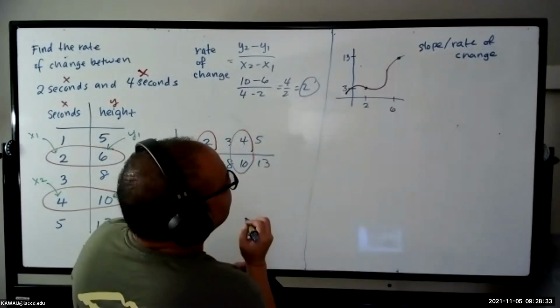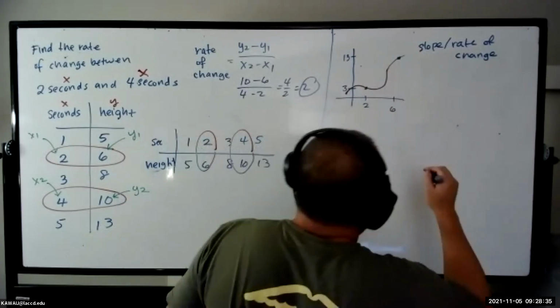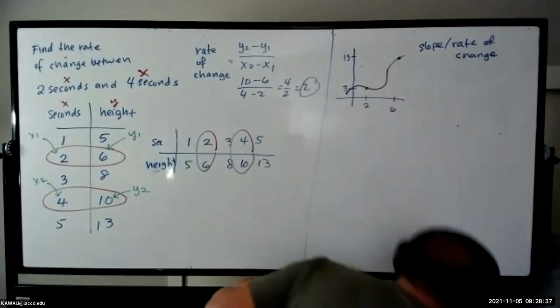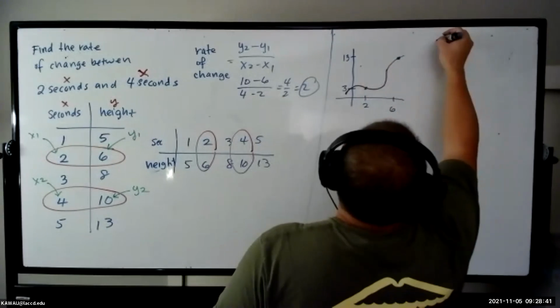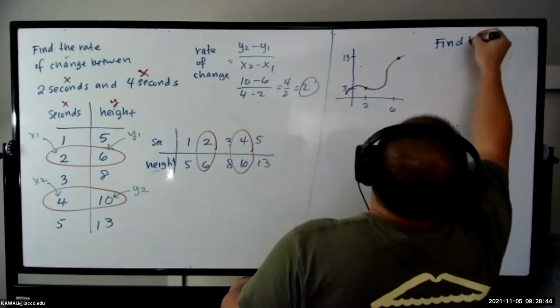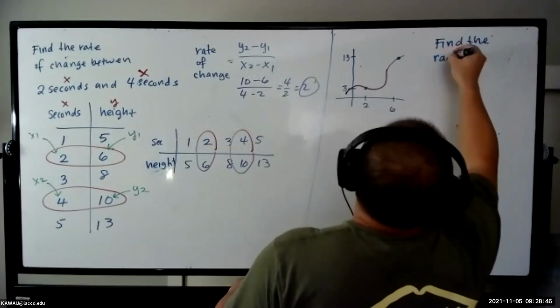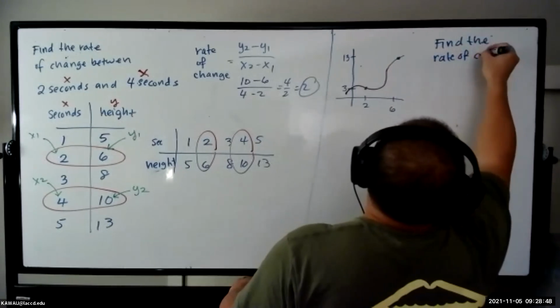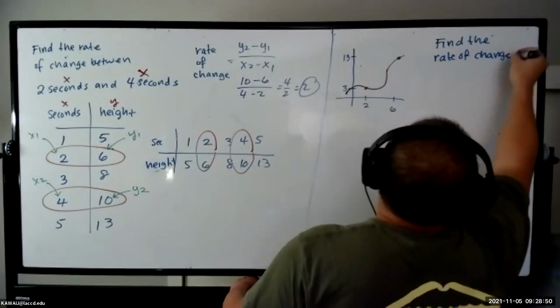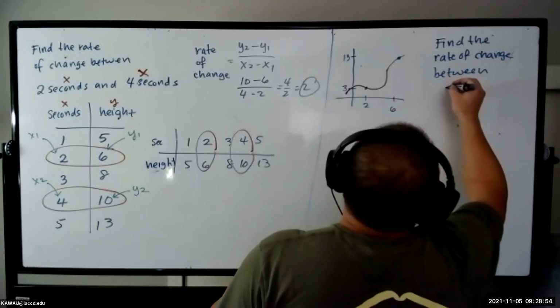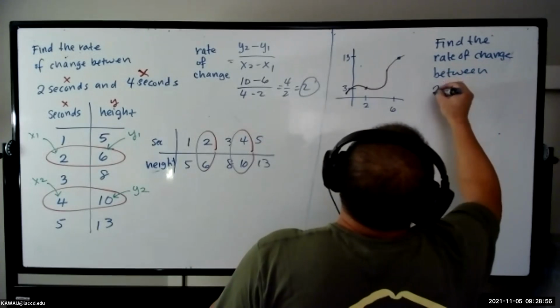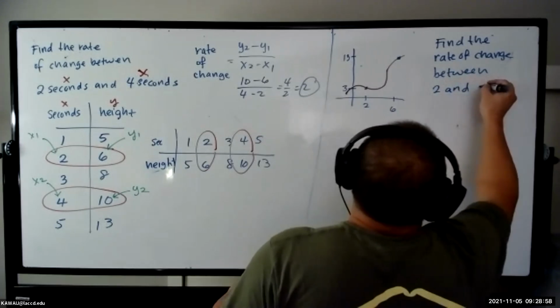So what they would ask is, find the rate of change between 2 and 6.